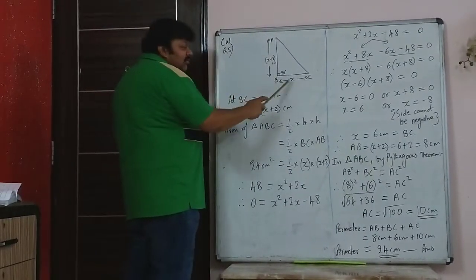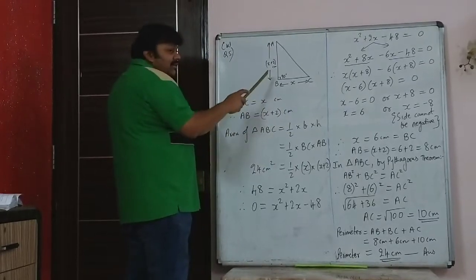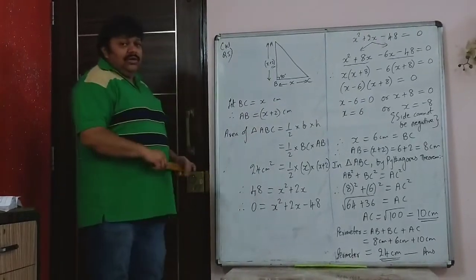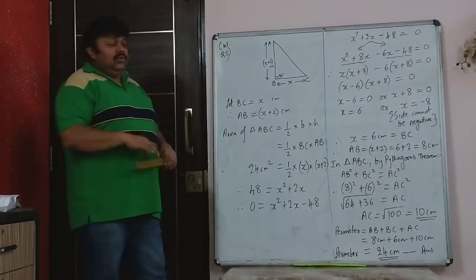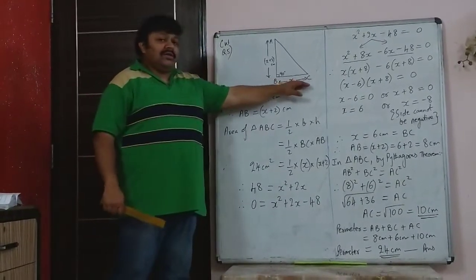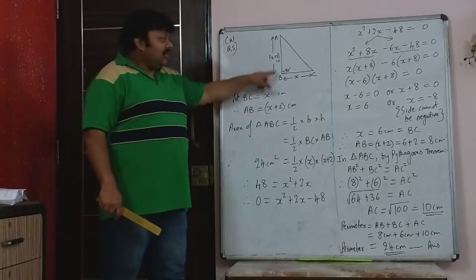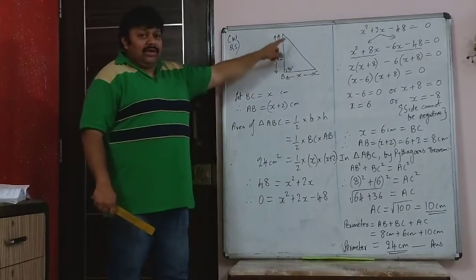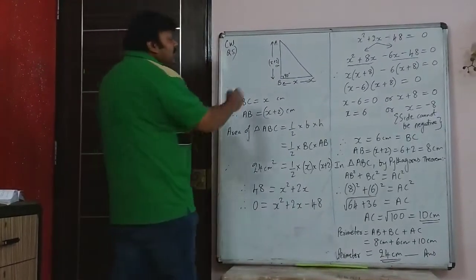So if I take the smaller side as x, then the bigger side will be x plus 2. And it has to be the two perpendicular sides, not the hypotenuse. So in this case, AC is the hypotenuse.